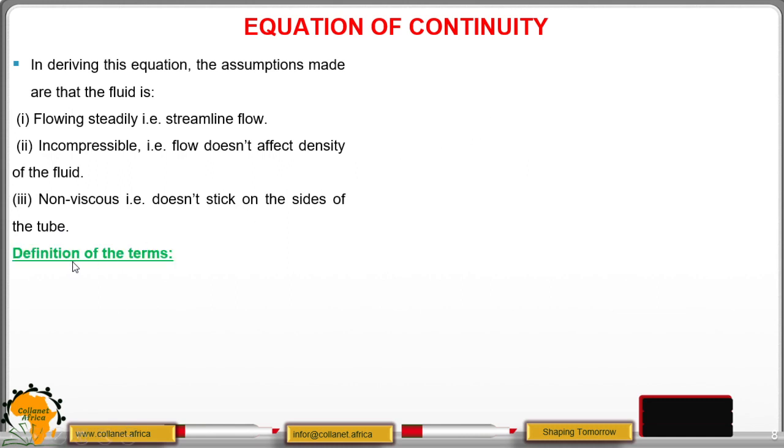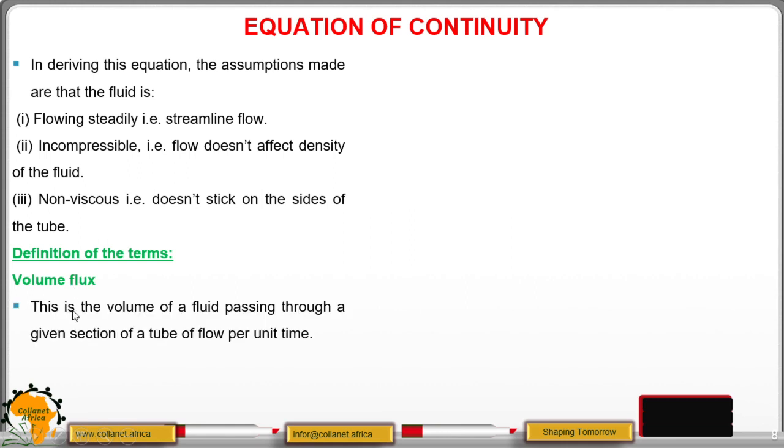Let us begin also by looking at the definition of terms. And the first term is volume flux. And what is volume flux? This is the volume of a fluid passing through a given section of a tube of flow per unit time. And it is also called the flow rate.